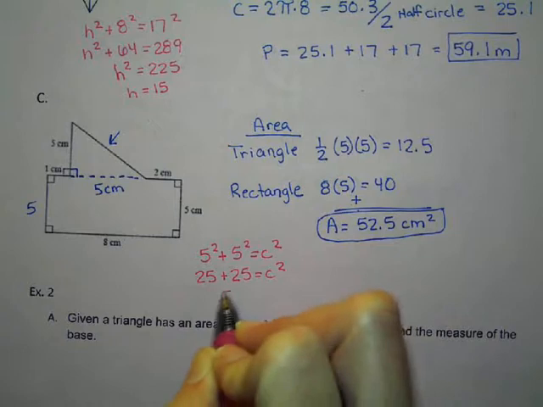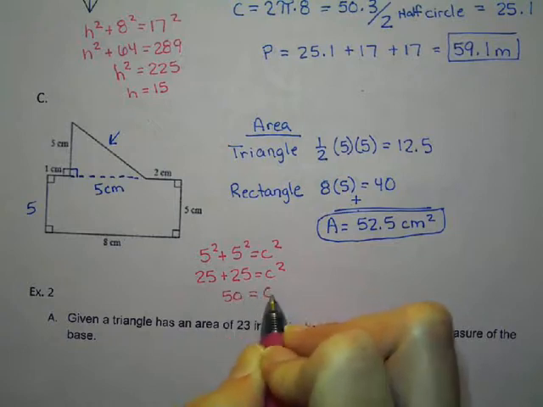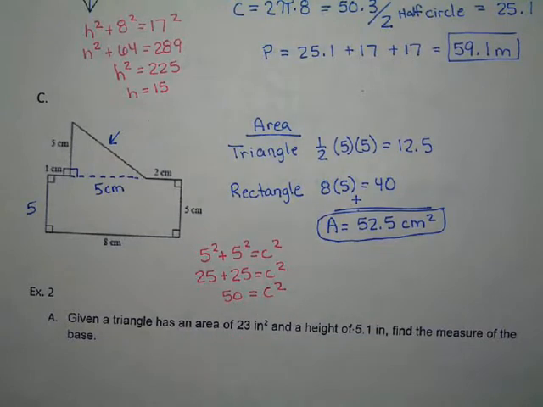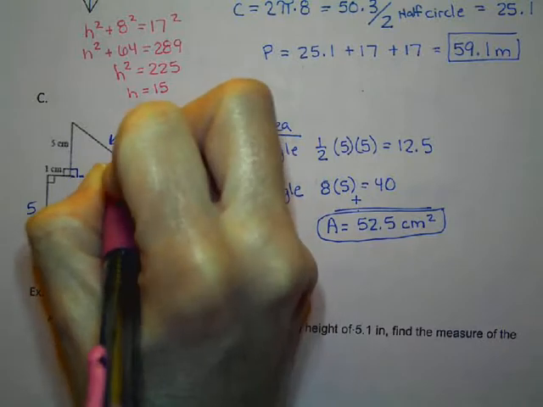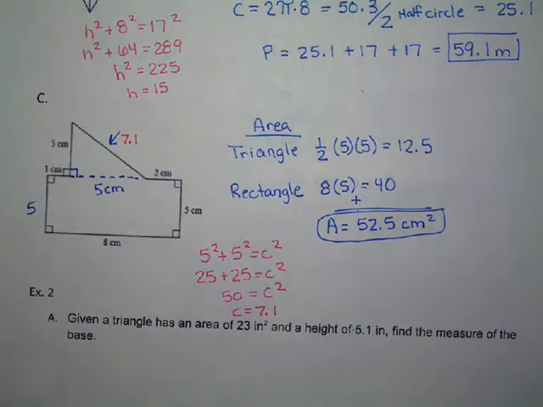So I want the square root of 50, which is about 7.1. And now I have enough information to find all the sides and add it all up. So perimeter, I'm just going to start up here.